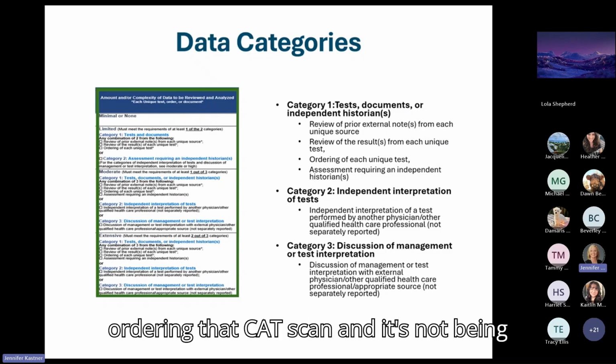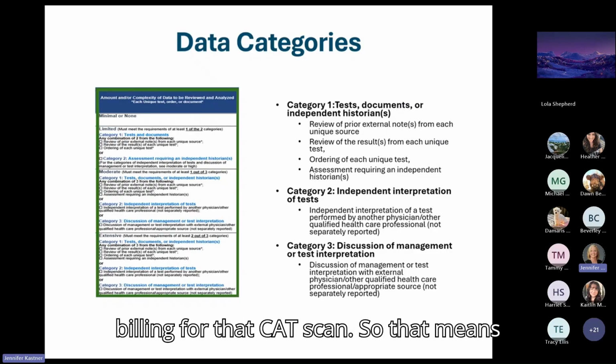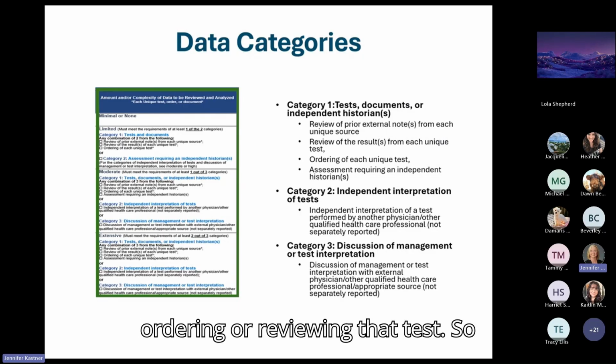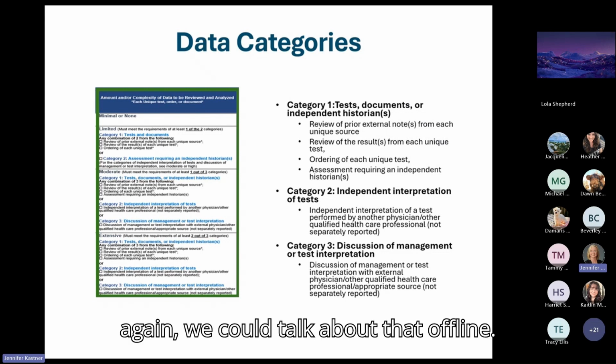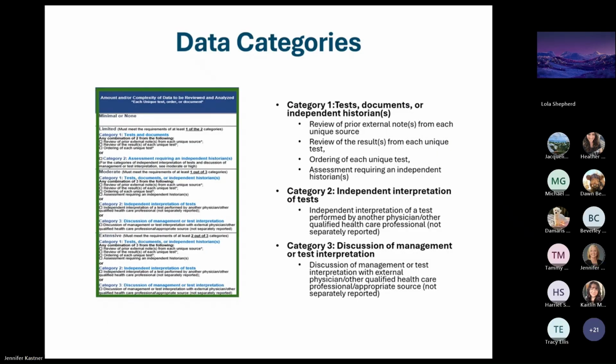Now, if you're ordering that CAT scan and it's not being billed out by us, maybe they're going to an outside entity, a hospital or something, to have it done, then we're not billing for that CAT scan. So that means it's okay for us to get credit for ordering or reviewing that test. So again, we could talk about that offline. I'm happy to have further discussions on that.